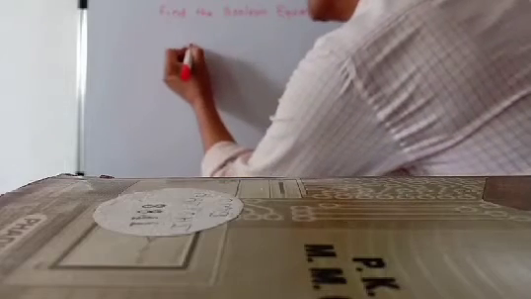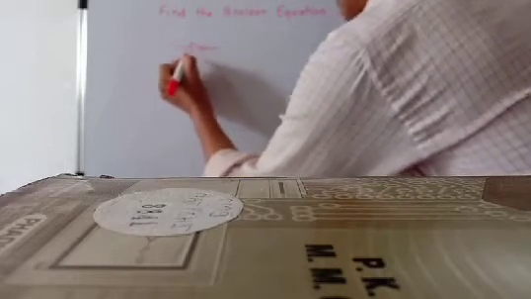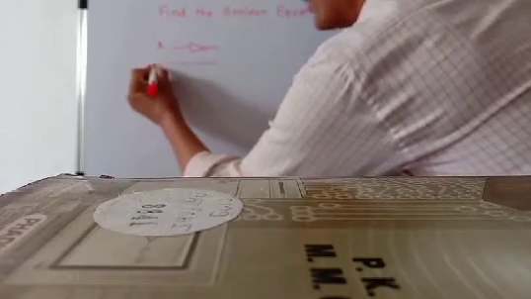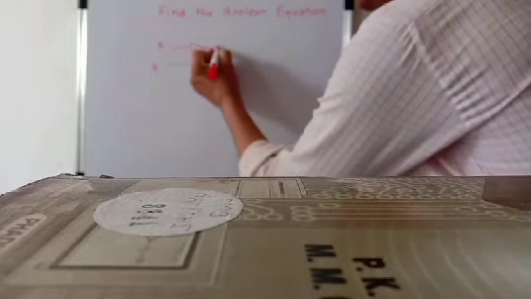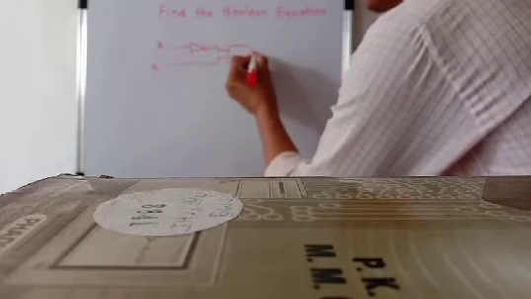See here, suppose this is your NOT gate. This is input A. This is input B. And this is an AND gate.